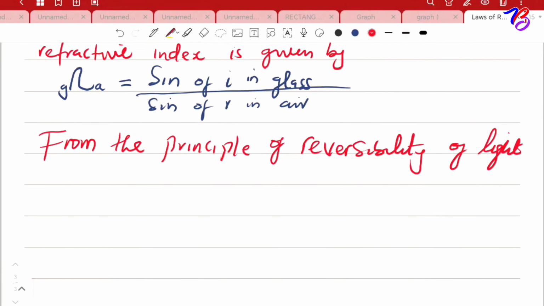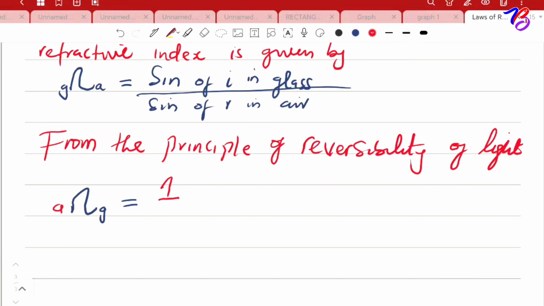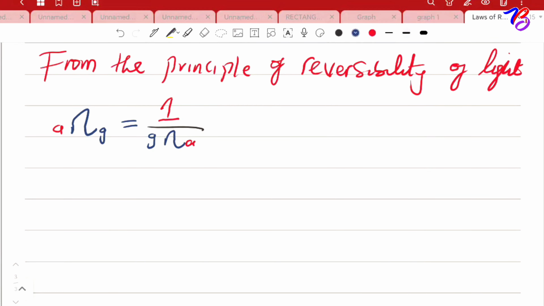If the whole scenario is reversed, then the refractive index of A to G will be equal to 1 all over the refractive index of G to A. Are you following? So this gives us the principle of reversibility of light. You are inverting. So this is our formula. Please take note. You can apply this to get your answer if the question comes in this format.